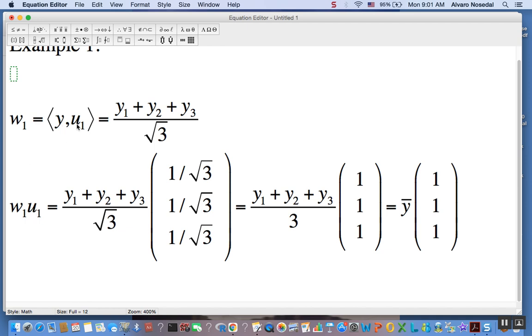Okay, so this is what we found, right? And then if you do that product, w1 times u1, you end up with this. Note that we could factor out that square root of 3, and then square root of 3 times square root of 3, that's 3, right? And this multiplier that we have here is y bar times 1, 1, 1.